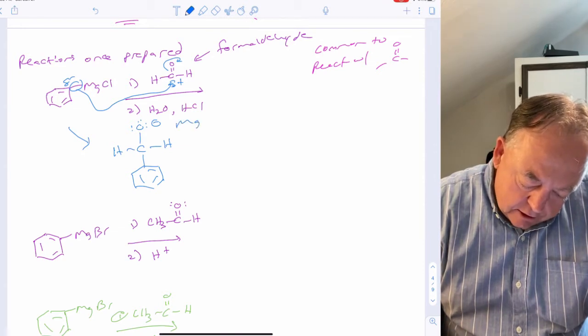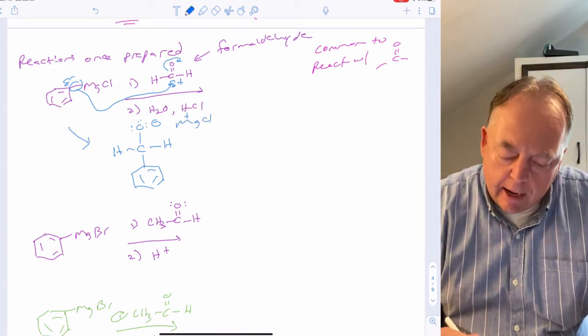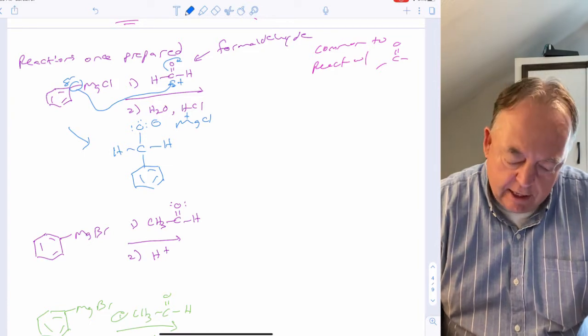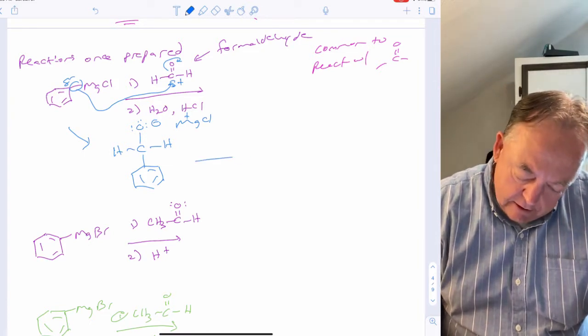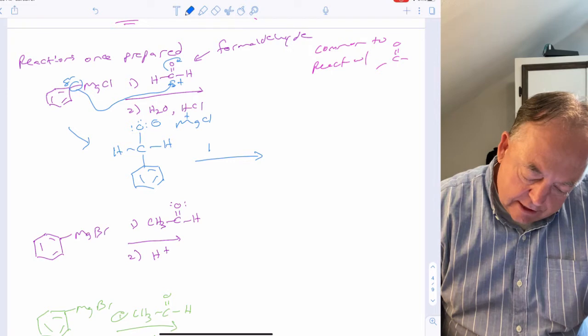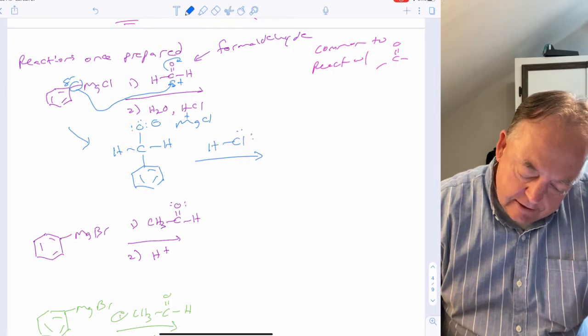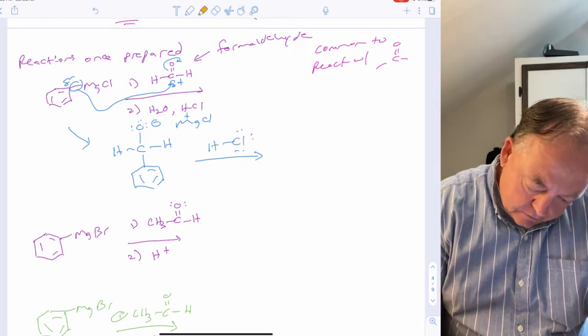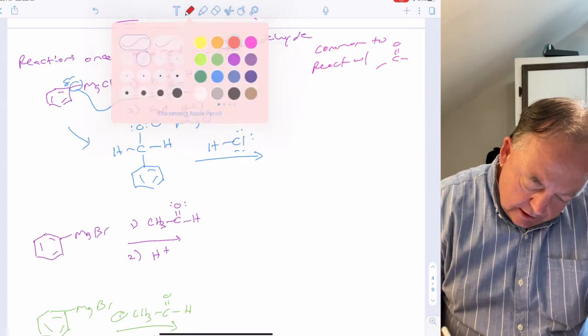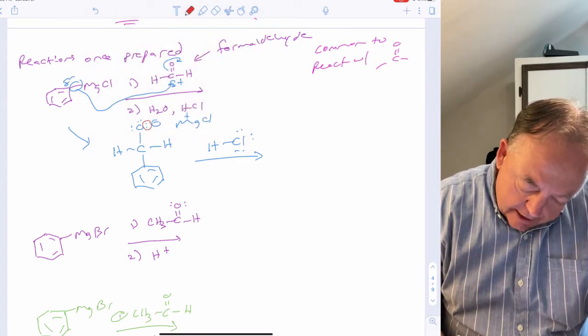You took the electrons from magnesium, so magnesium's positive, so you have this salt after the first step. And then that's waiting for you to do the second step, so now you add an acid. So oxygen that's negative can take this hydrogen that's partial positive.